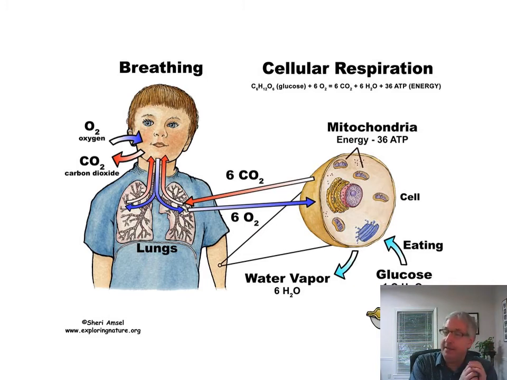The air you breathe is almost all nitrogen, almost 79% nitrogen, with trace gases of other things, carbon dioxide being one of those. When you breathe out, a percentage of what you breathe out is carbon dioxide.